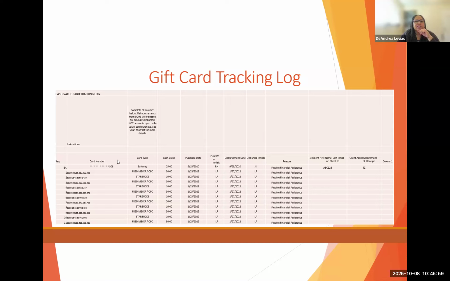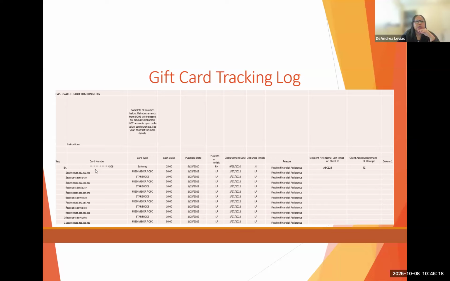But the things that need to be recorded if you're using gift cards, whether you're giving the cards to the participants, or, like the example I gave earlier, buying the card and then using it for an outing or an event for the participants, is this information.